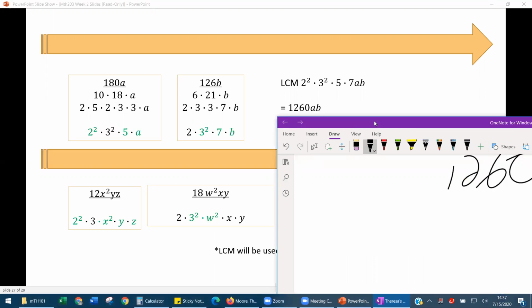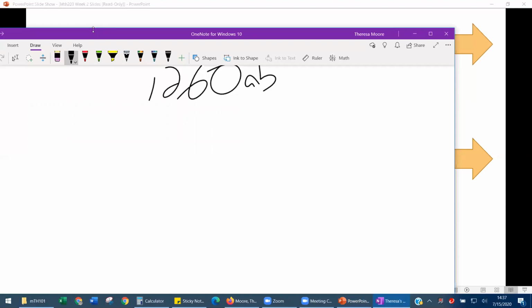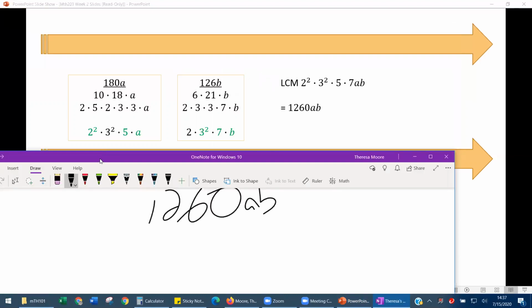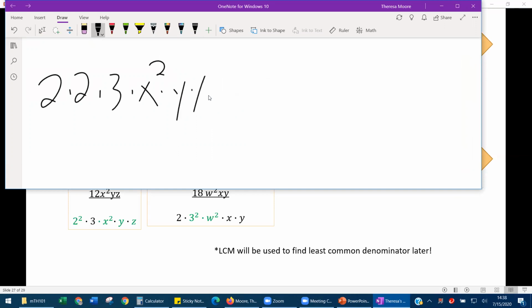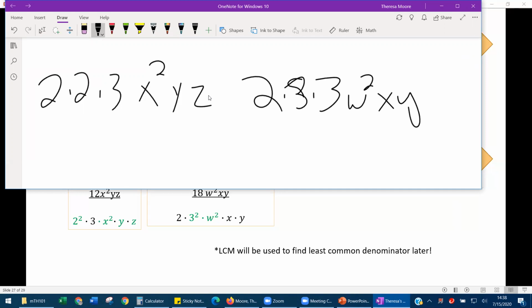Oh, let me do it on top. So for the 12, we have 2 times 2 times 3 times x squared times y times z, which you don't need those multiplications between your letters or your letters and your number. That's understood to be multiplication. And the 18, we have 2 times 9, which is 3 times 3, w squared x, y.